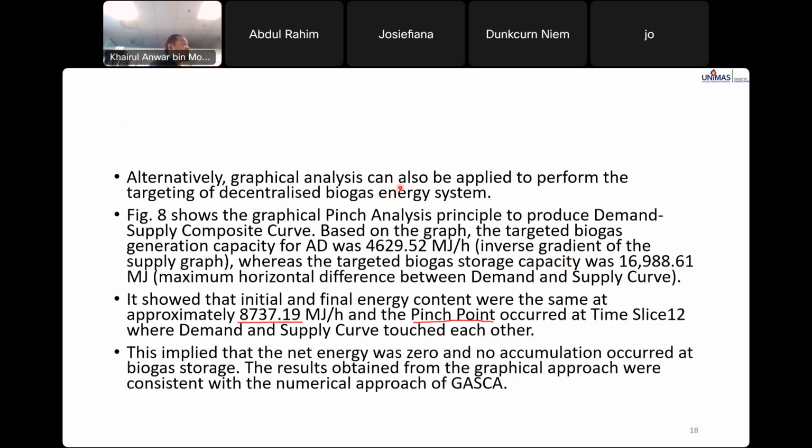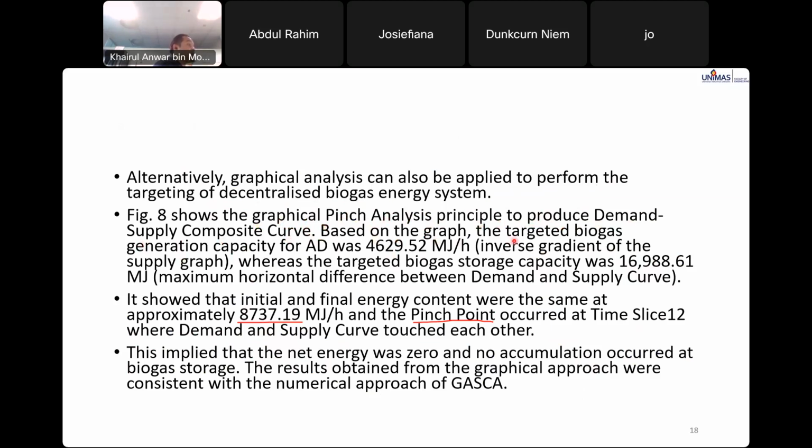Alternatively, graphical analysis can also be applied to perform the targeting of the decentralized biogas energy system. Figure 8 shows the graphical analysis principle to produce the demand supply composite curve.